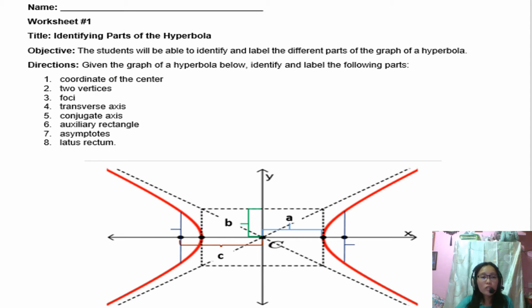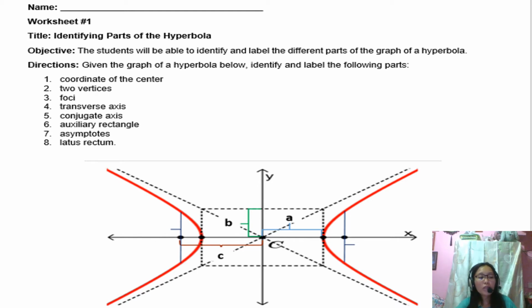Okay, so we have here a sample worksheet which is all about identifying parts of the hyperbola. I will be giving you at least a minute to answer the graph on your own. You have to label the parts on your own.